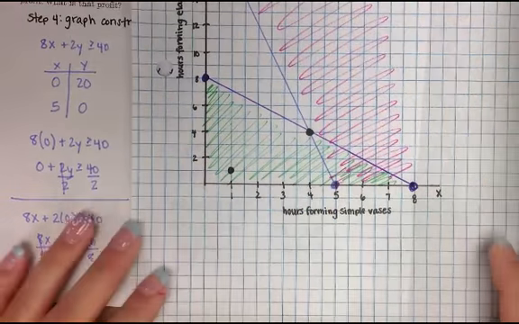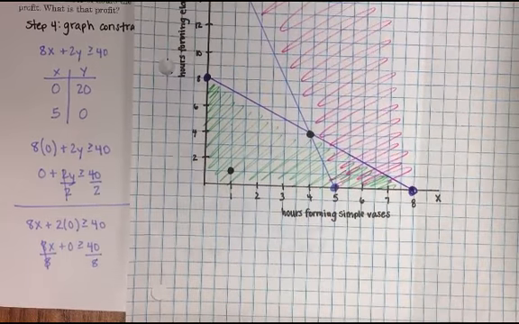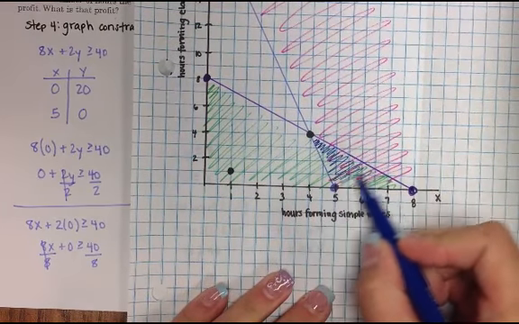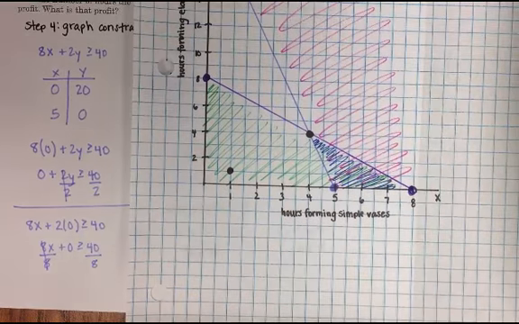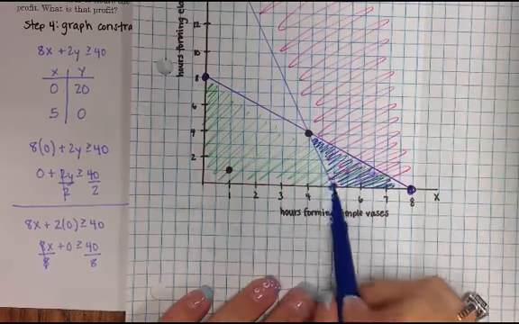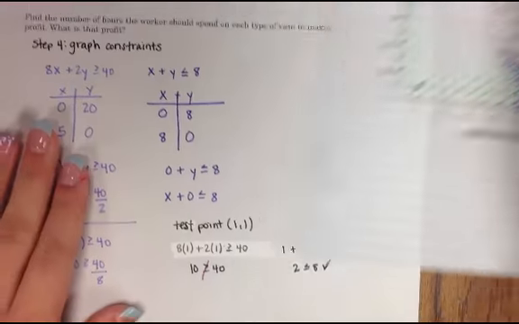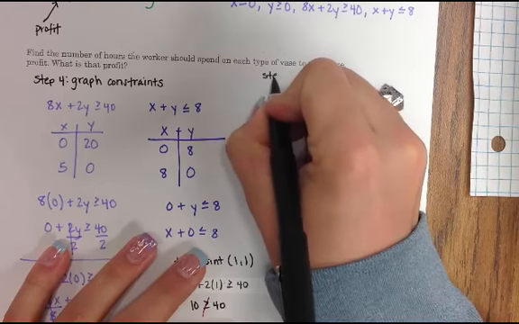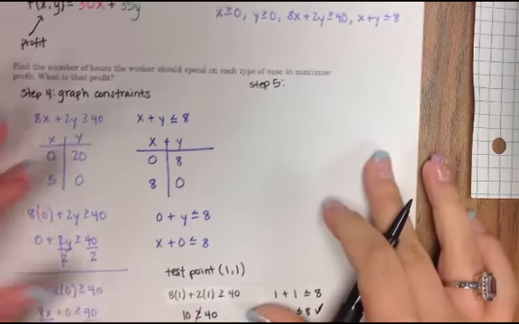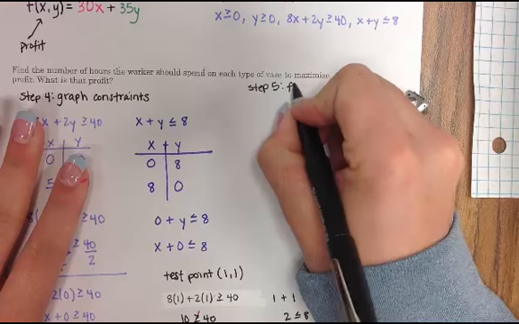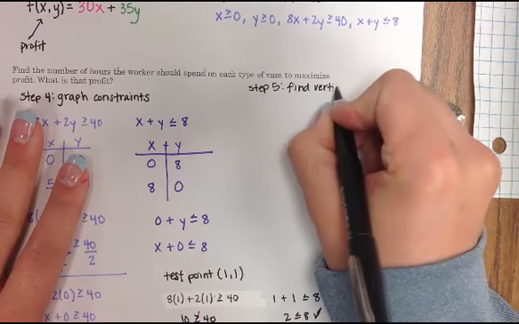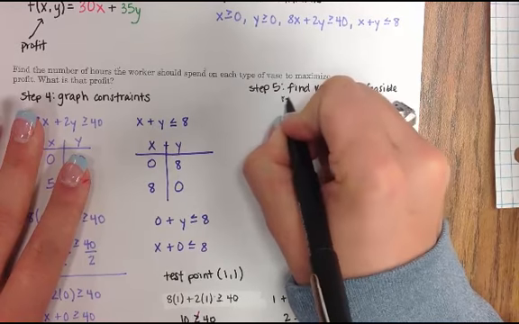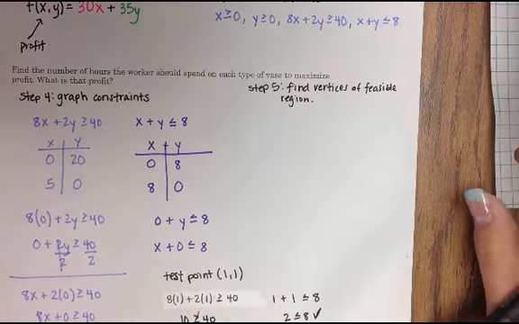So now our feasible region becomes the region where both of those overlap. So our feasible region is this region here. So our vertices of our feasible region are these 3 points. So on our sheet, step 5 is to find the vertices of the feasible region, which is what we just showed.